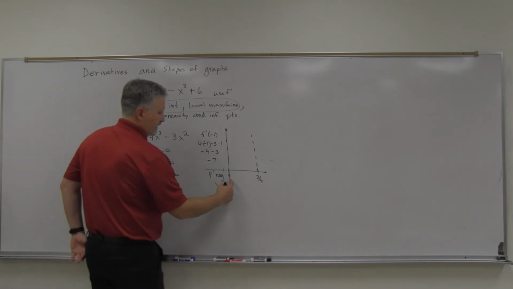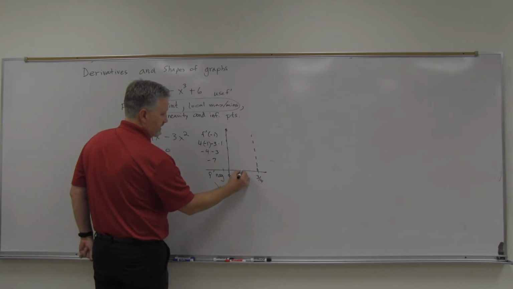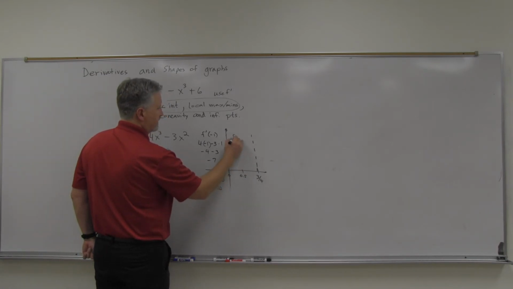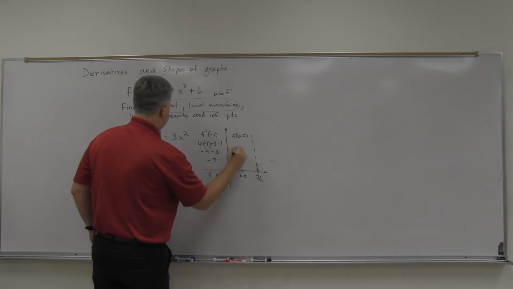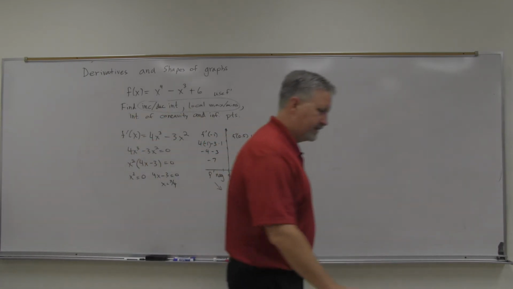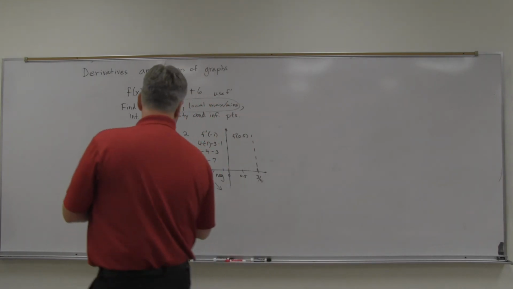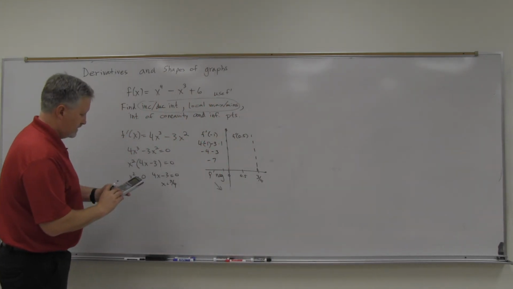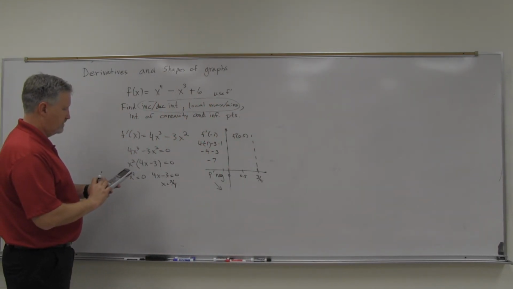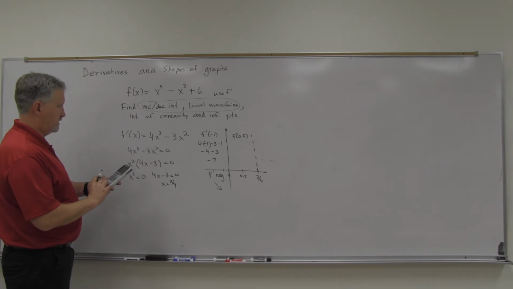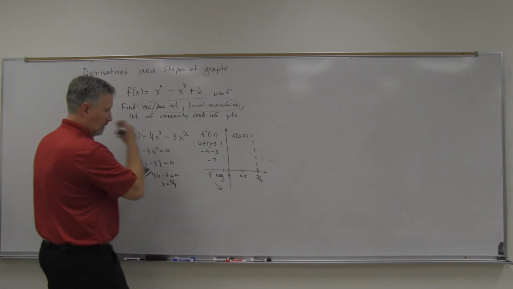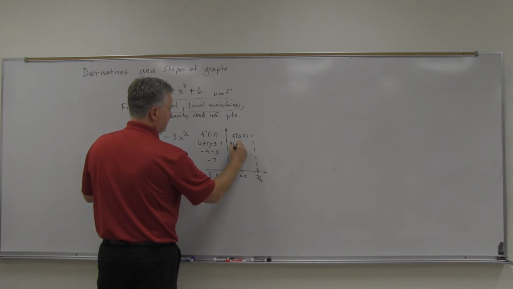All right, here I could go 0 to 3/4, so I might need to pull out something like 0.5, f prime of 0.5. Let's see what I get there. 4 times 0.5 cubed minus 3 times 0.5 squared.